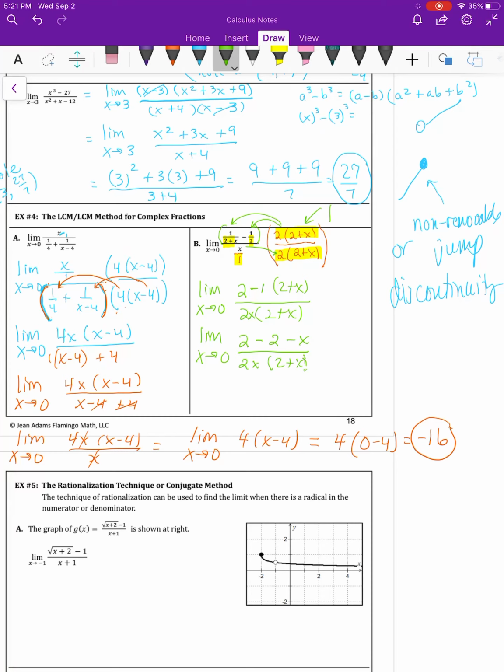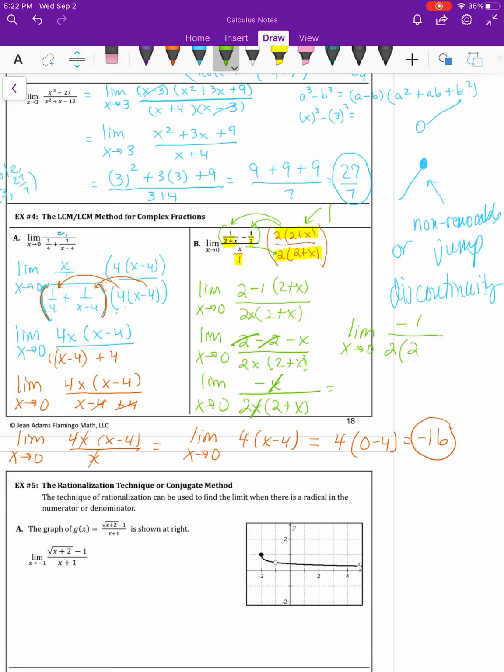Remember, do not multiply through this denominator. The 2's cancel. Limit as x goes to 0, I've got a negative x over 2x times 2 plus x. Now I can cancel these x's, which is what saves me and takes me out of division by 0.